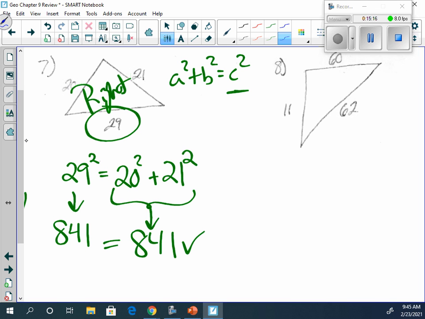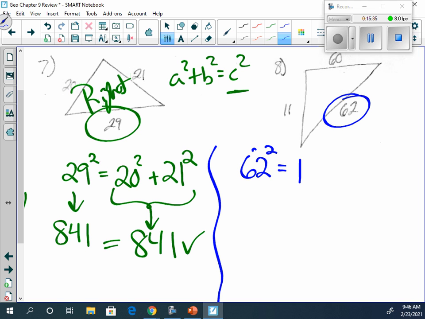Okay, let's check another one. Let's check this one here, number 8. So again, if this is a right triangle, the hypotenuse would be 62 because 62 is the longest side length. The hypotenuse is always the longest side length. So 62 squared should equal 11 squared plus 60 squared, because if it is a right triangle, a squared plus b squared equals c squared.